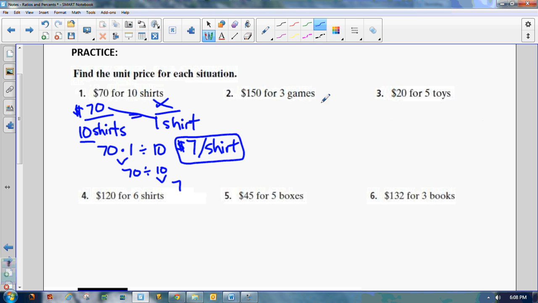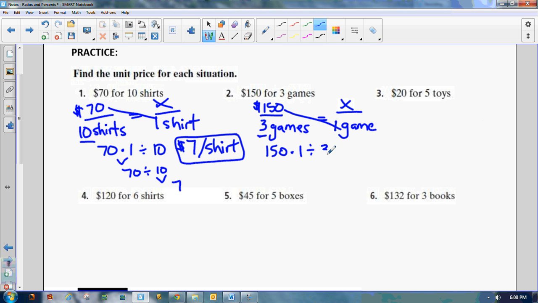Let's take a look at number 2. It says we have $150 for 3 games. So whatever we bought, it was $150 for 3 games. They want to know what's the cost, our unknown, for 1 game. Here we're going to cross multiply what we know. So we know 150 and 1, and we're going to divide it by what's opposite the variable.